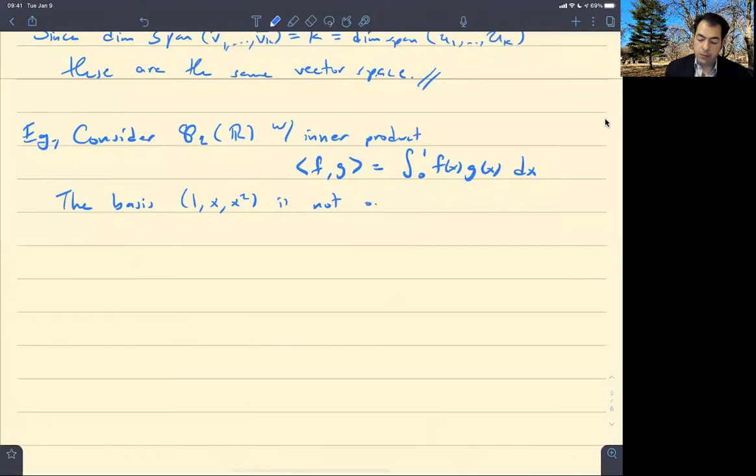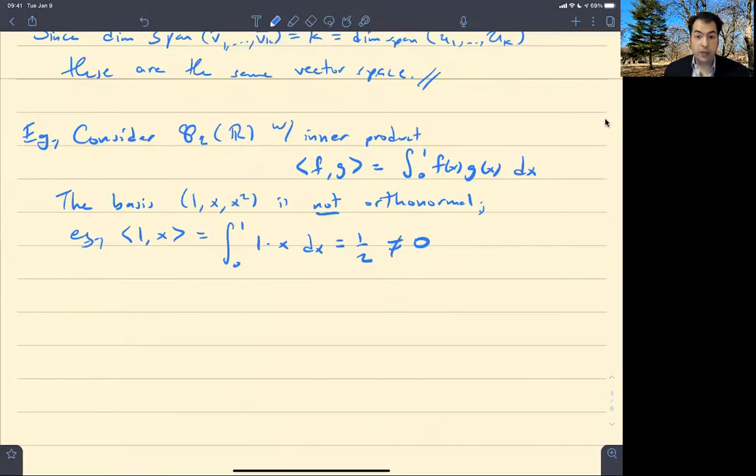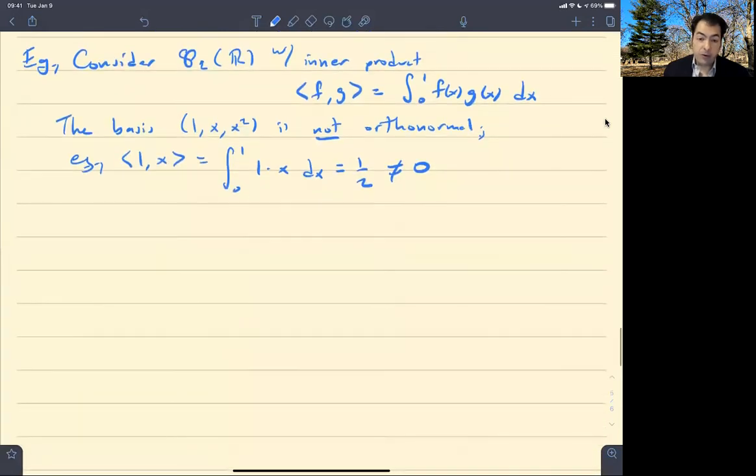Okay, with this inner product, the standard basis for polynomials, so 1, x, x squared, is not orthonormal. Why not? Well, for example, the inner product of 1 against x would be, by definition, integrate from 0 to 1 the function 1 times the function x dx, and that's equal to 1/2, which is not equal to 0, which is what we would get if we had an orthonormal basis. However, fortunately, we have an algorithm now that starts with any basis you like and produces an orthonormal basis.